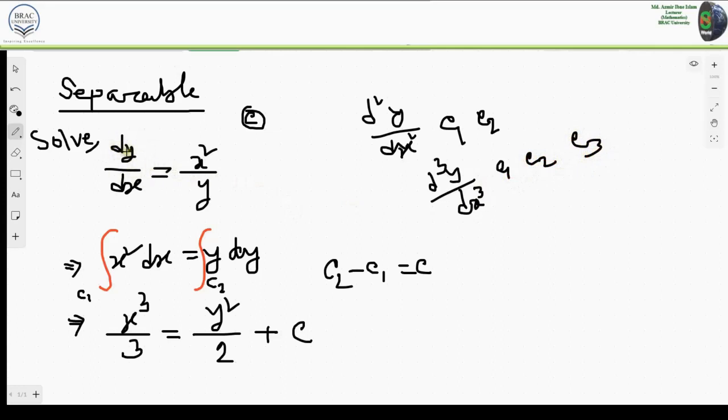So this is a first order differential equation, that means we have to write only one constant c. Despite there being two indefinite integrals, instead of c2 and c1 we are using only one constant c. That means c2 minus c1 is becoming c.